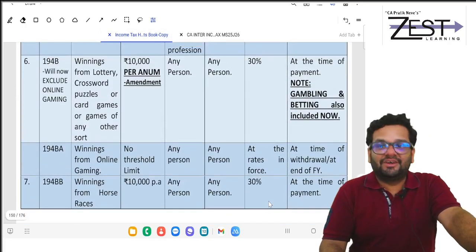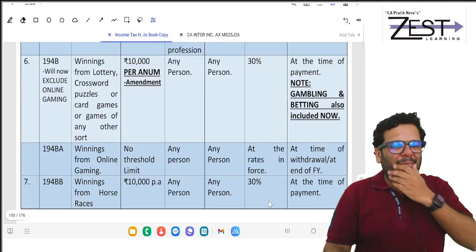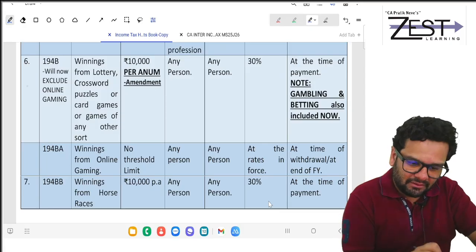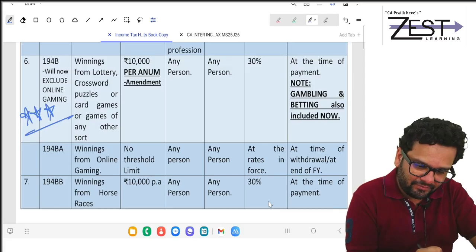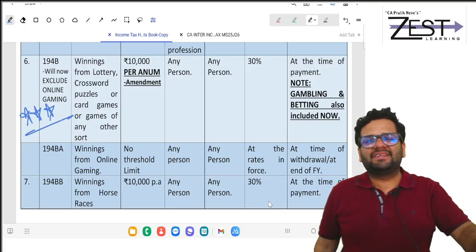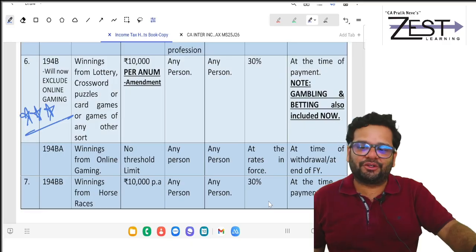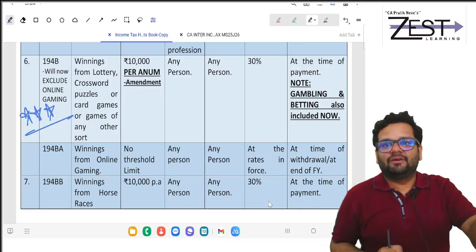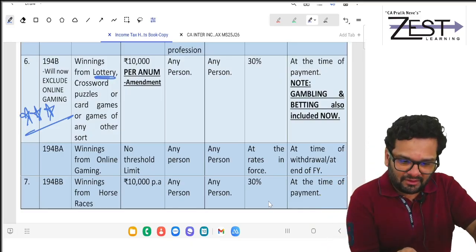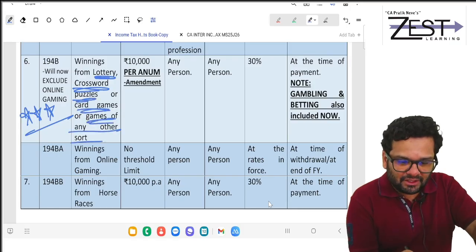Next, 194B. 194B will get 3 stars. It is simple and also important, because we have seen it from day one. Winning from lottery, crossword puzzles, card games, games of any other sort.